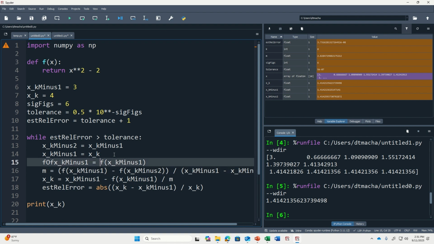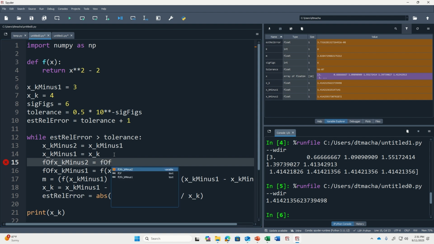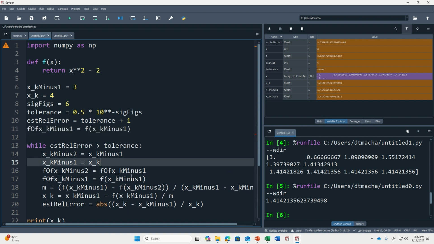And then before I overwrite the previous thing that was storing, I need to put it in a different variable. This has to start off as something, so I've got to put this outside the loop.